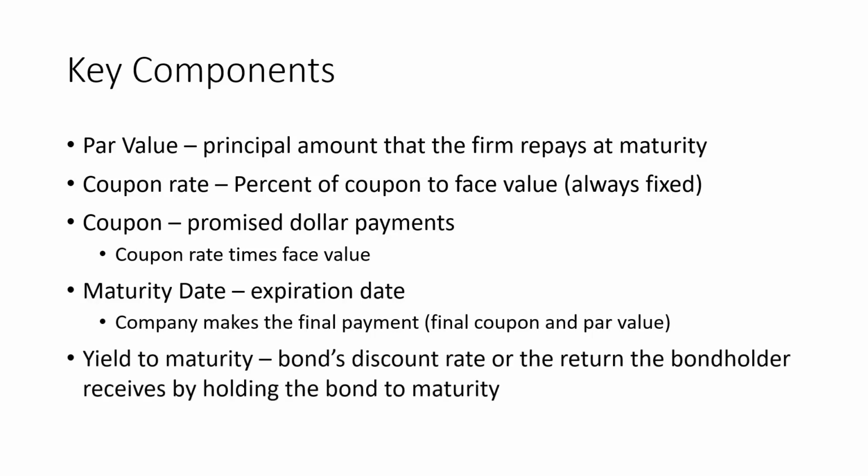Finally, the yield to maturity. One might be wondering, what happens if interest rates change as the bond has traveled along its life? So the yield to maturity is also the discount rate, as we've seen in the time value of money equation, or the rate function. That rate is yield to maturity.